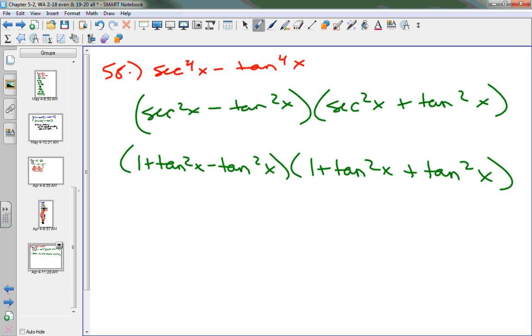So every place I saw secant squared, I replaced it with what? 1 plus tangent squared. What's tangent squared minus tangent squared? That's gone. Now I have 1 times that. Does that 1 matter anymore? Nope. So this whole thing is gone now. Now over here I'm going to have 1 plus, how many tangent squares do I have? 2 tangent squares.